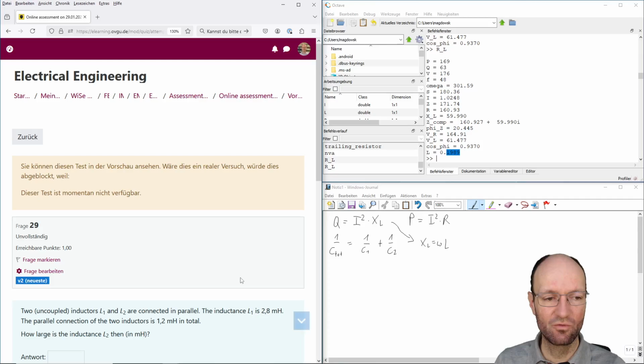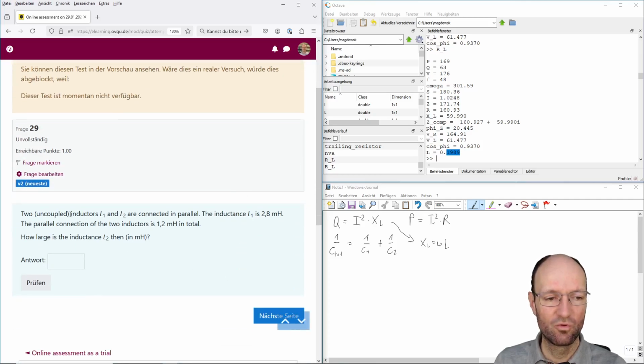So we have the second to last question. Two uncoupled inductors, L1 and L2, are connected in parallel. And the first inductance is this, the total inductance is this. How large is the second inductor then? And inductors in parallel can be calculated with the same equation as this one here.